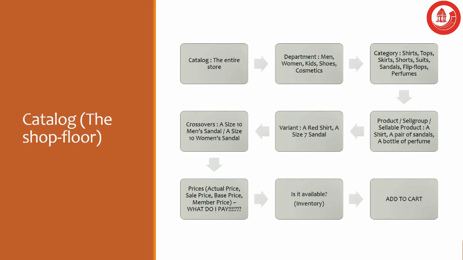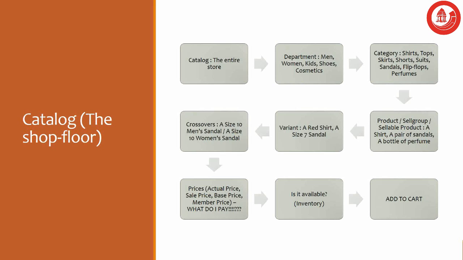So, and then there are some interesting crossovers at the time. So think of, and this is where online commerce gets really interesting, if you are in the men's department looking for a shirt, how likely will you see a pair of shoes lying right next to it? Not very possible.